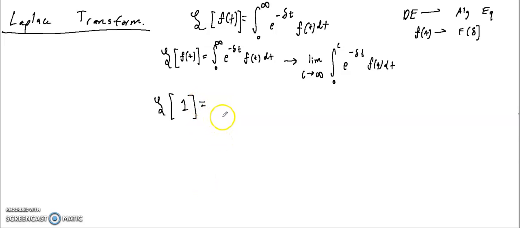So, as we plug that in, we're going to do the limit version so we can actually evaluate it. So, the integral, limit of 0 to c, e to the negative st times f of t, which is just 1, so times 1, but that doesn't change anything, so we can just write our dt.